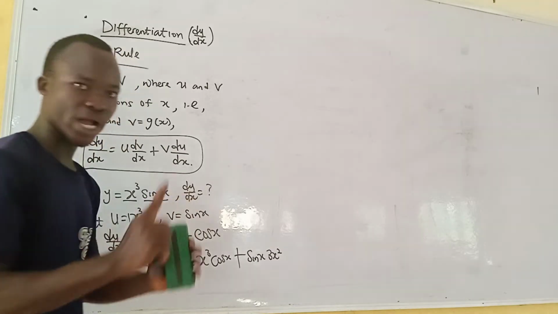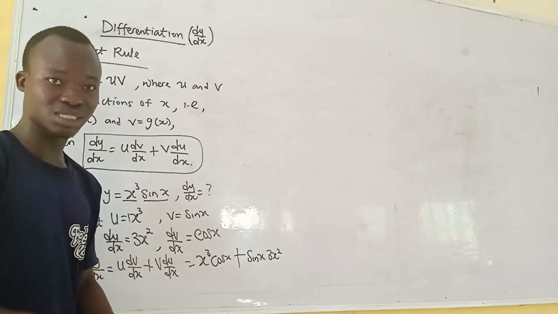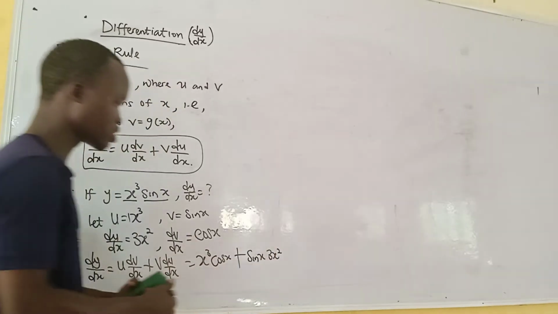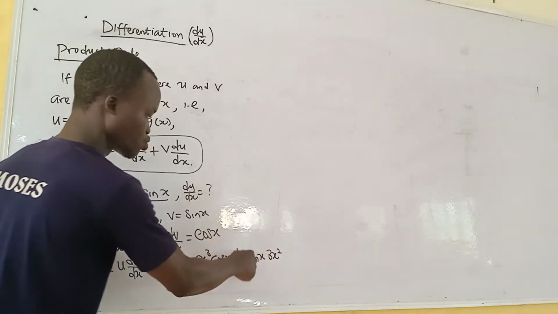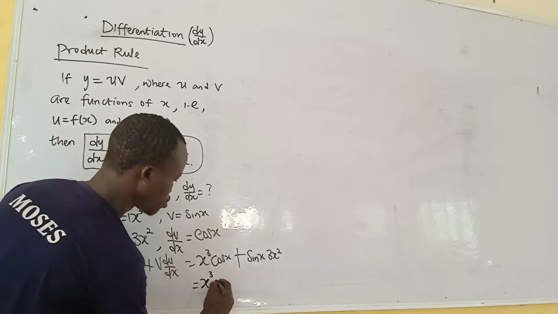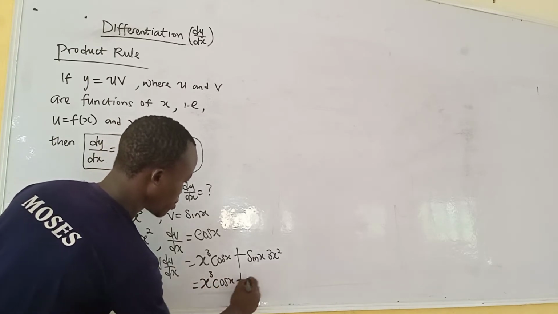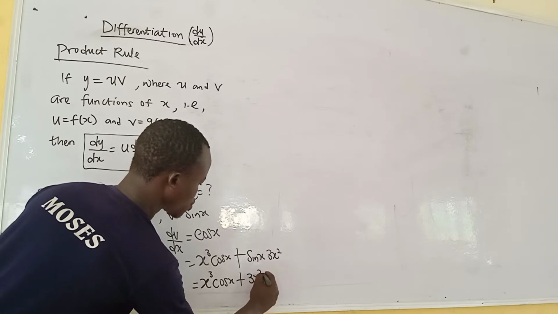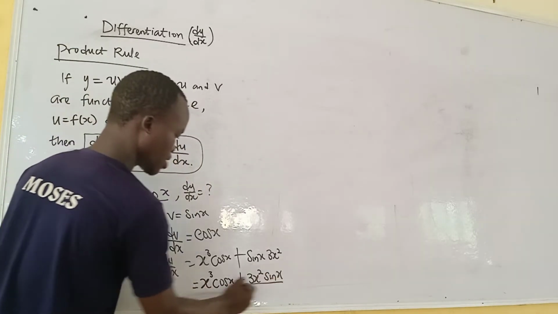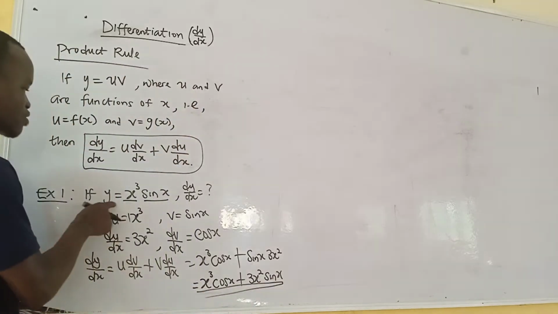So 3x squared is multiplying the whole of sine x. In order not to make the mistake of multiplying x by this, you can just bring this to the back, and you have that this is x cubed cos x plus 3x squared sine x. And this is our answer for the dy dx of this function.